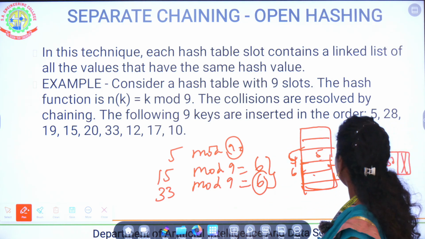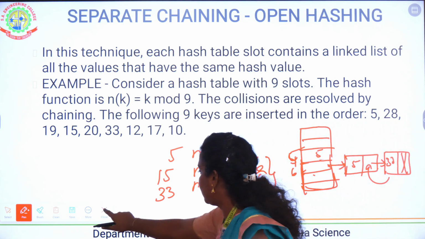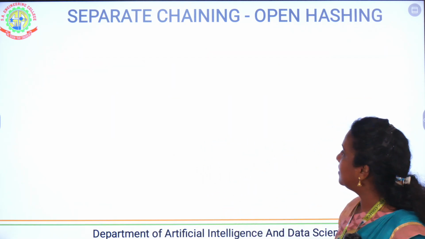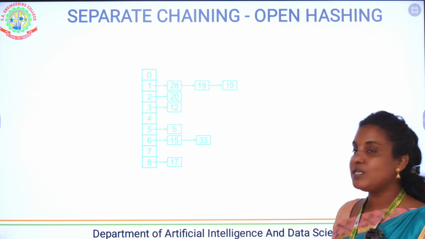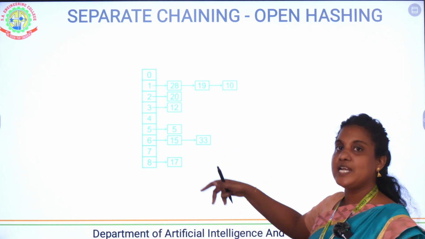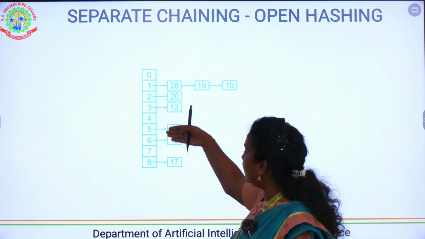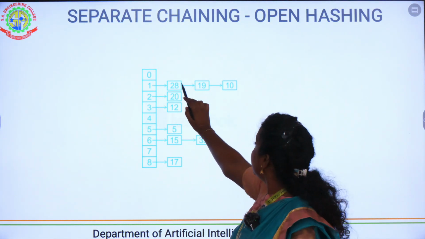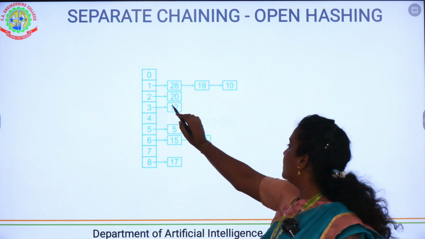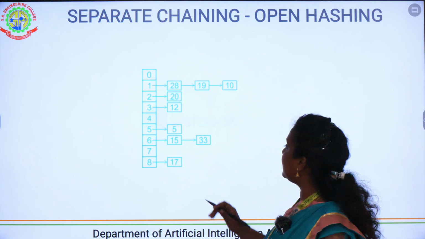So this is the final picture after inserting all the elements in the hash table. If you take 1, here we are storing 3 elements: 28, 19 and 10.